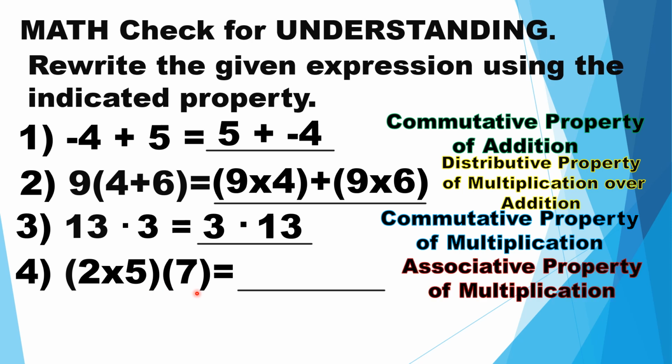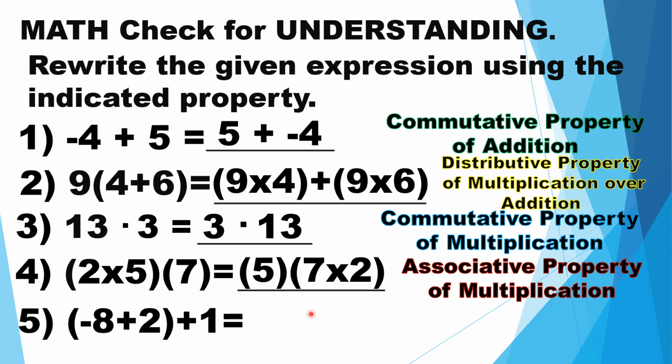Gagawing associative property of multiplication. That is 5 times the quantity of 7 times 2. So, dito yung nakagroup 2 times 5. Sa right side, yung nakagroup 7 times 2. So, the quantity of 2 times 5 times 7 is equal to 5 times the quantity of 7 times 2.